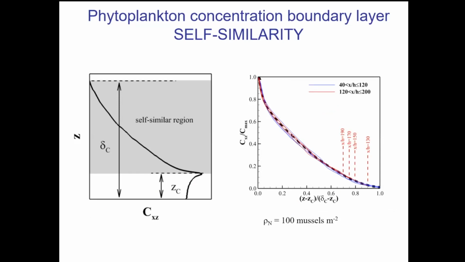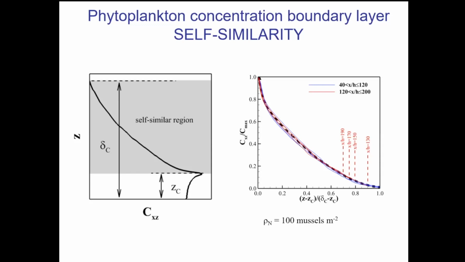So if we basically represent C non-dimensionalized by Cmax, okay, so this is why it's so important to know how Cmax varies. And we basically put the non-dimensional distance between this point, let's say we want to see at this point, and the top of the mussels. This will be Z minus ZC divided by the thickness of this layer, okay, delta C minus ZC.